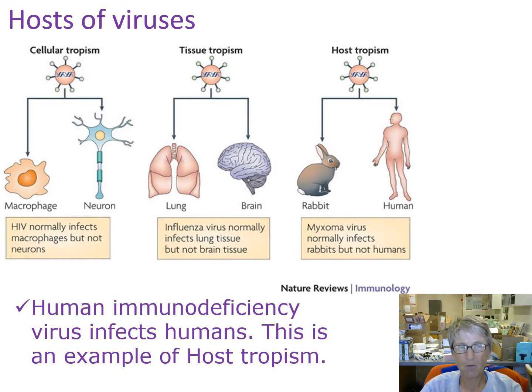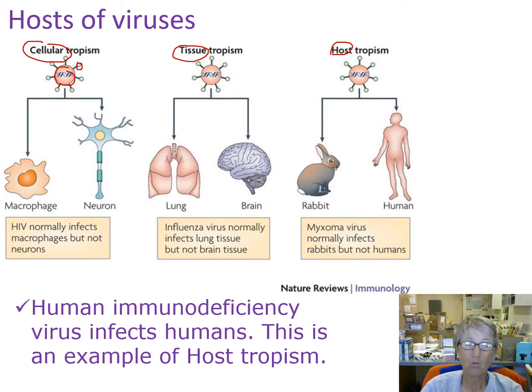So hosts of viruses, you can be a cellular host, you can be a whole tissue host, or you can be a whole organism host to viruses. So in this first cartoon, cellular tropism, tropism just means target. Here's the virus with its spikes on the outside.